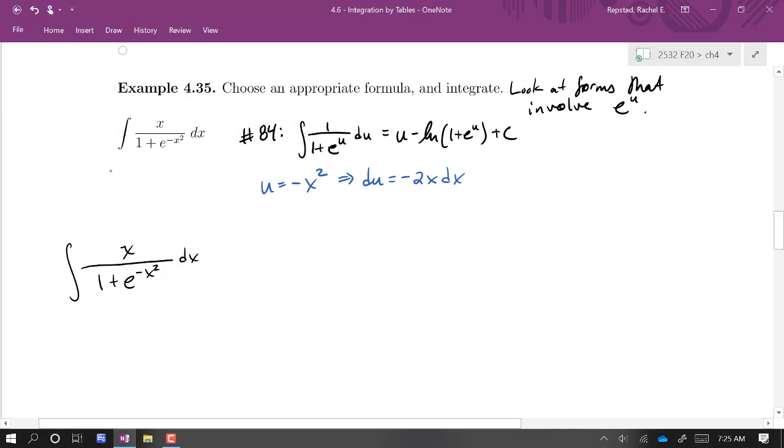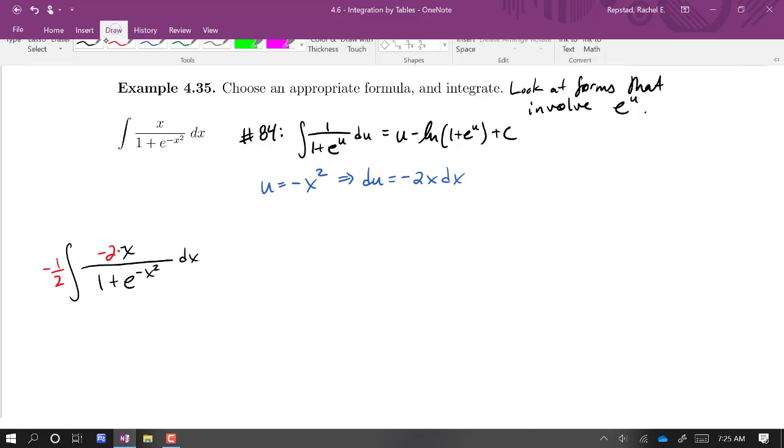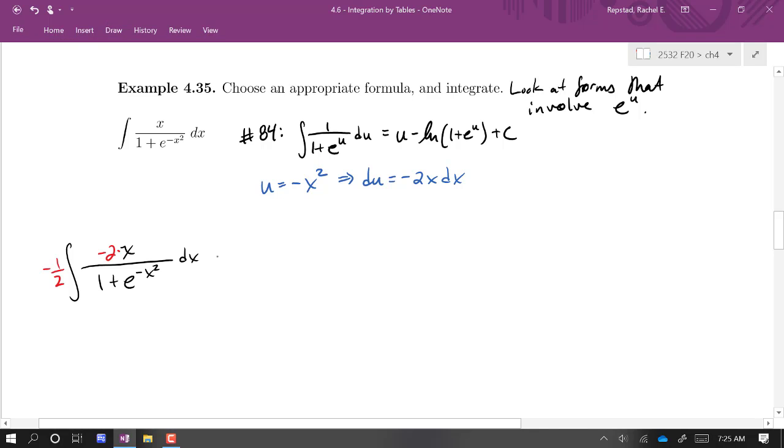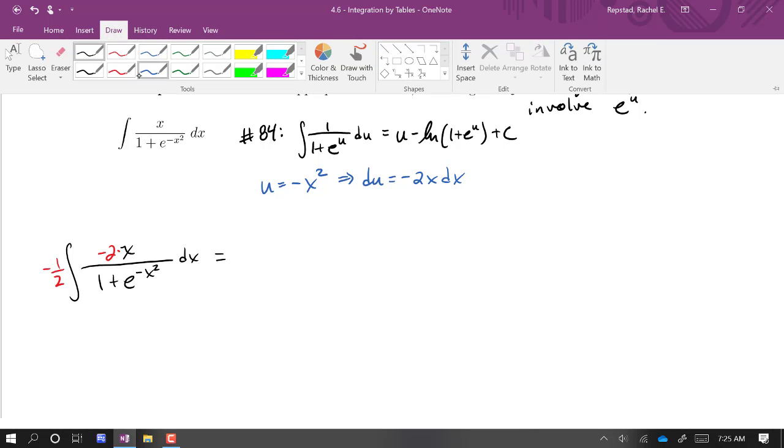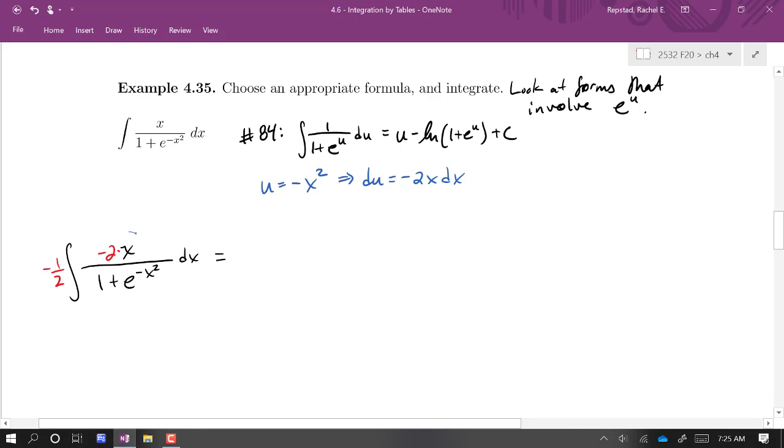We need a factor of negative 2 up here, which we can do as long as we put in a negative 1/2 outside. And now this fits perfectly. This part here, that is our du, and then on the bottom we have 1 plus e to the u.